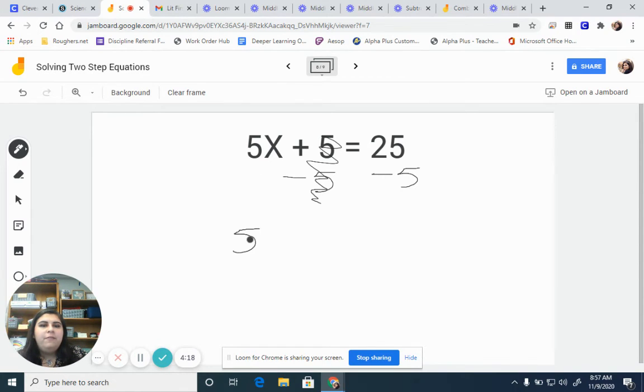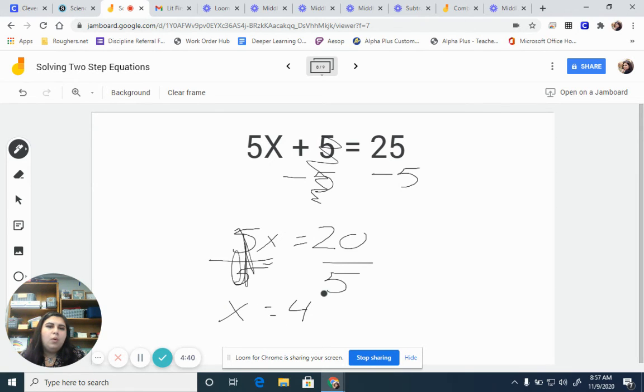That's going to give me 5x equals 25 minus 5, which is 20. Now I have 5x equals 20, and I'm going to divide both sides by whatever is in front of x. In this case, it is 5. So divide. That goes away. I have x equals 4.